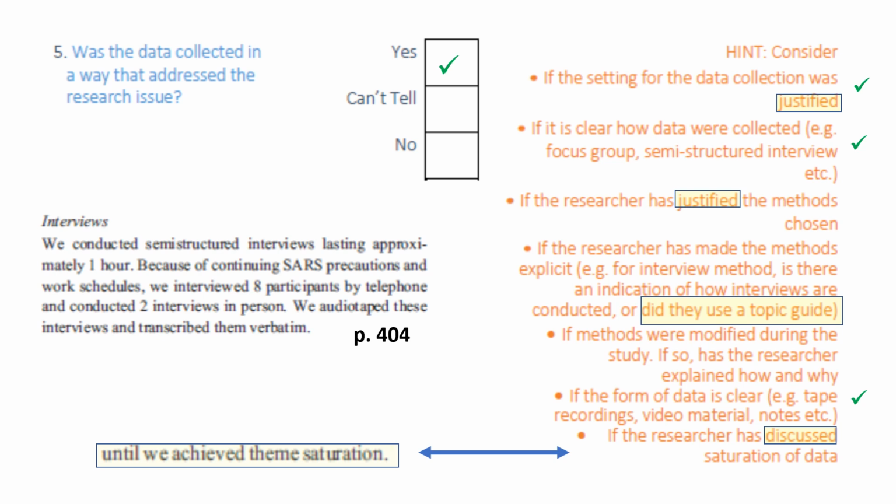Question 5, an important question about data collection. And just as we said, there's difficulties with questions that are expecting us to look for justification of what has been done. This data collection series of hints is quite lengthy, and so this by implication may set a higher threshold for quality, because more of these criteria might be required to be fulfilled in order for it to pass our assessment or verdict.